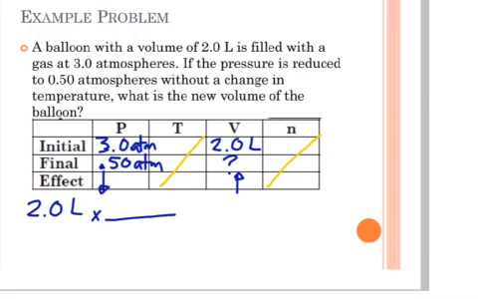Well, I know that I've got to make this 2 liters get bigger, so I need a number here that is greater than 1 in order to accomplish that. 3 divided by 1/2 is going to be greater than 1, so I'm going to put 3.0 atmospheres on the top. I'm going to put 1/2 atmosphere on the bottom.